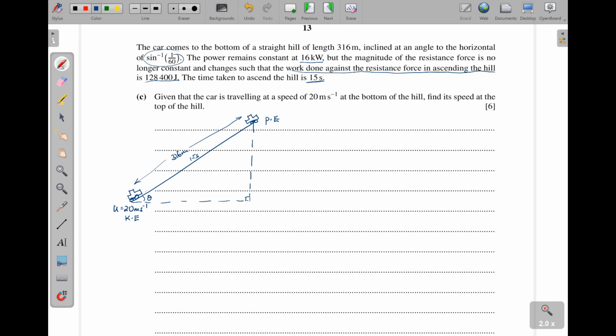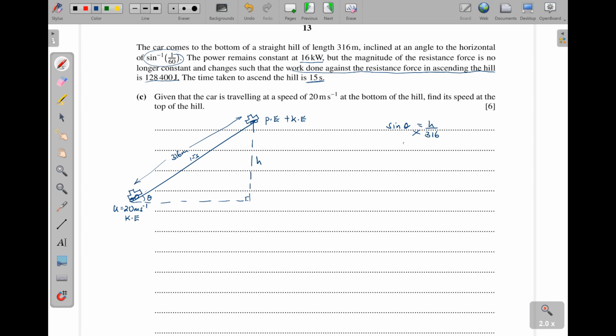And since we are told to find the speed at the top of the hill, that means there is also kinetic energy here, because kinetic energy is dependent on the speed. Okay. Then there is an H here, and using SOHCAHTOA, sine of theta is equal to opposite over hypotenuse. So sine of theta is equal to the opposite, H, over the hypotenuse, which is 316.